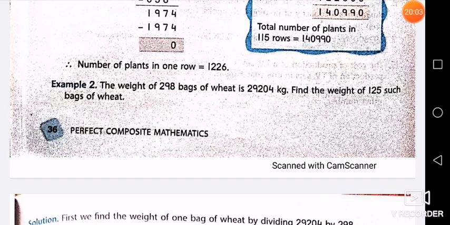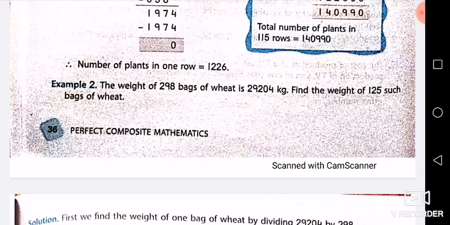So, as you can see on the screen, our example 2: the weight of 298 bags of wheat is 29,204 kg.